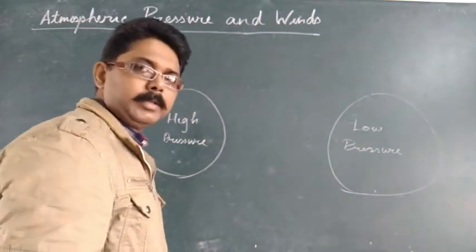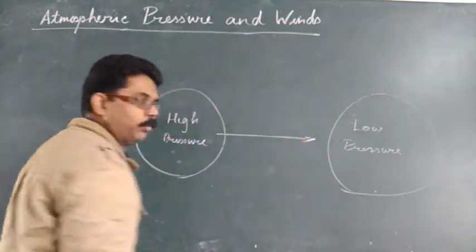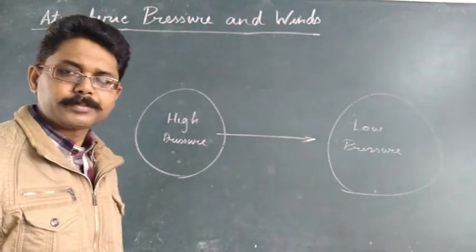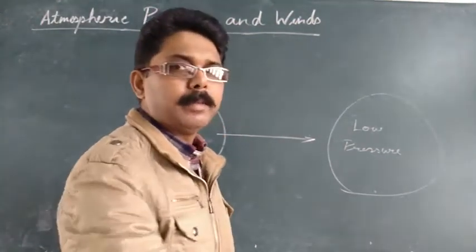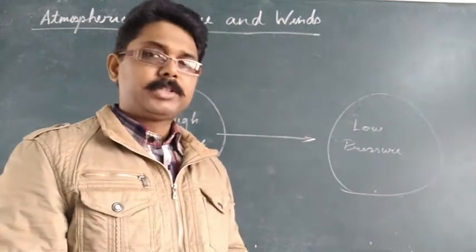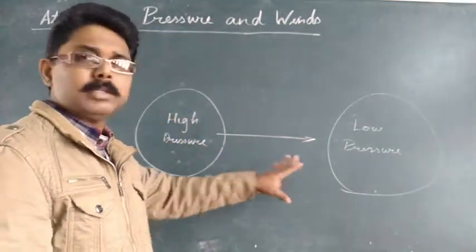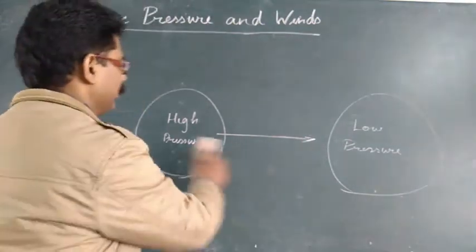So what will happen? The air starts moving from the high pressure towards the low pressure, and this is how the winds are caused. This is what I explained in the previous session, that the winds are caused due to the difference in the atmospheric pressure.